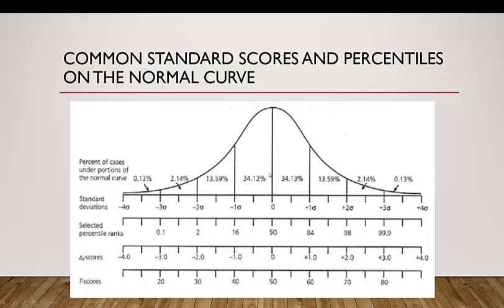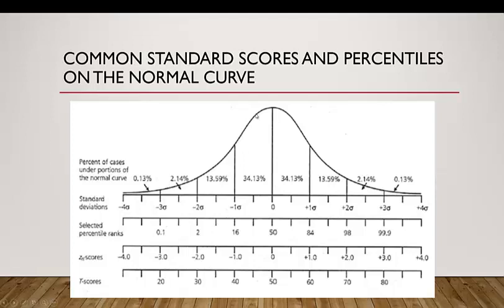Once we convert things to z-scores, notice our z-scores correspond to our standard deviations. A score of -1 is equal to -1 standard deviation. A score of 0 is equal to a 0. A score of +3 is equal to +3 standard deviations.